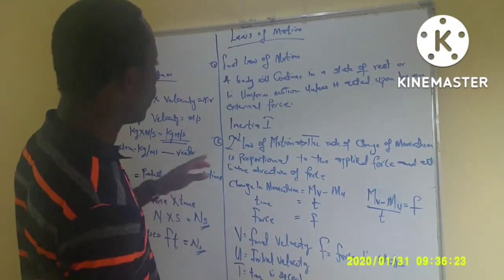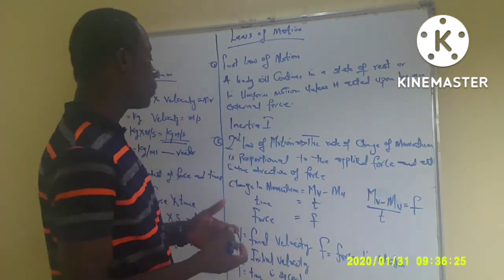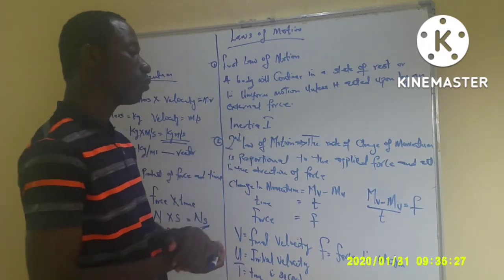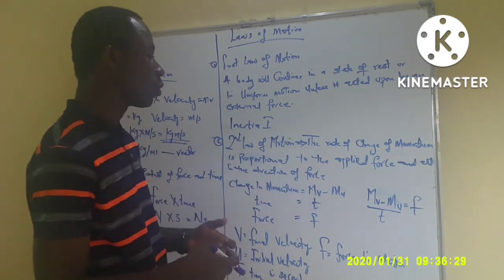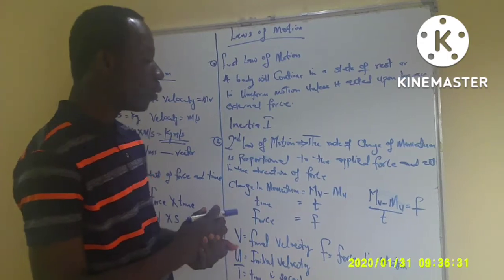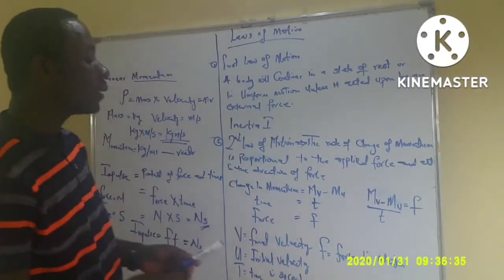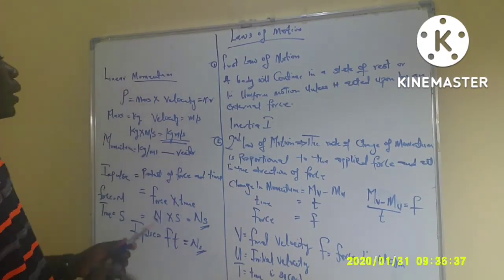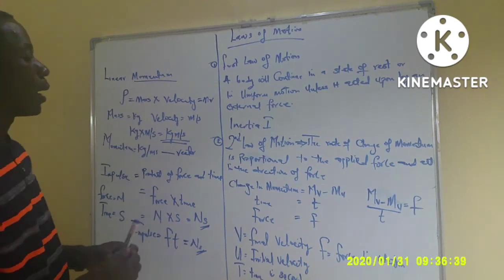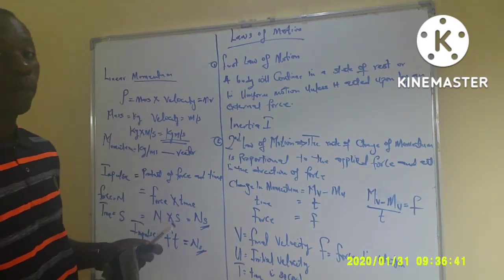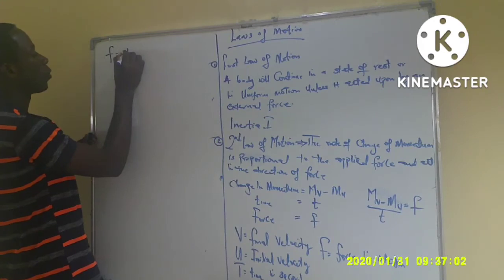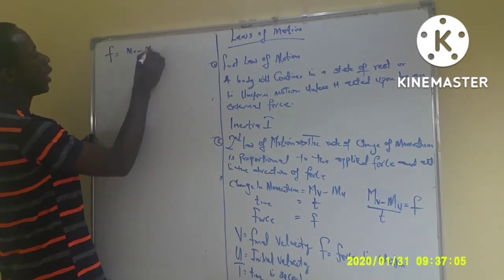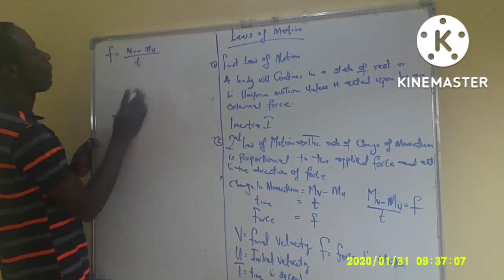The rate of change of momentum of a body or an object is proportional to the applied force, or expressed force, and acts in the direction of the force. Therefore, we can say the second law of motion gives birth to the formula F is equal to mv minus mu over t.